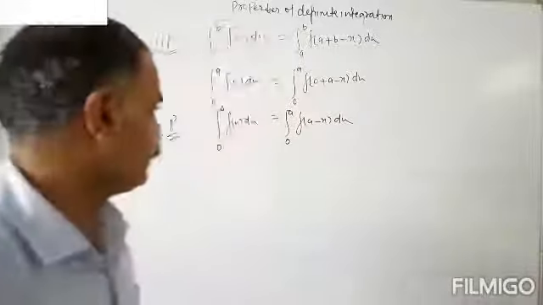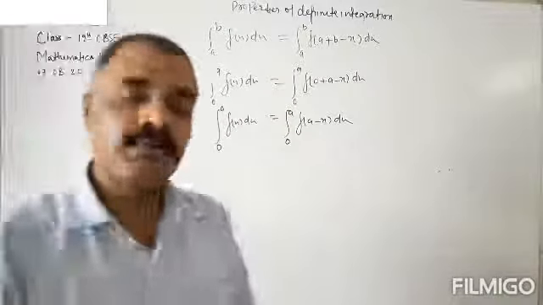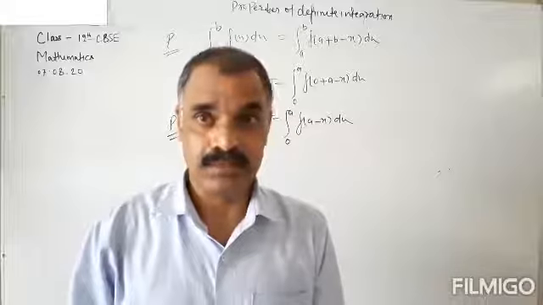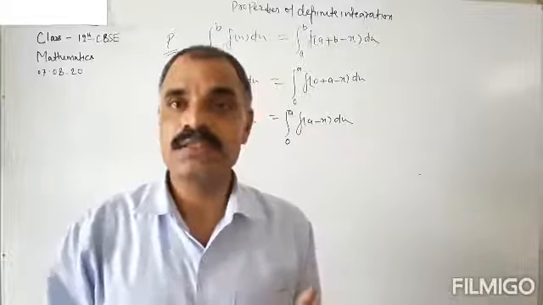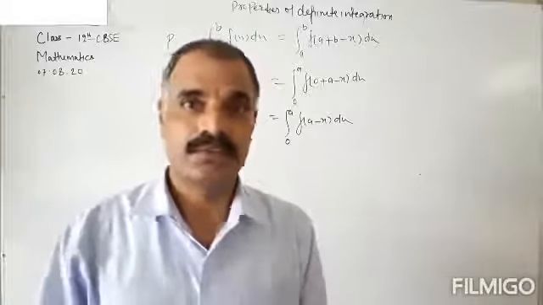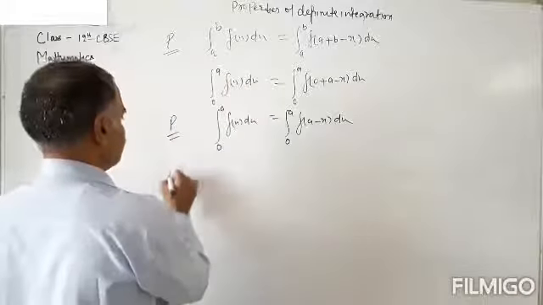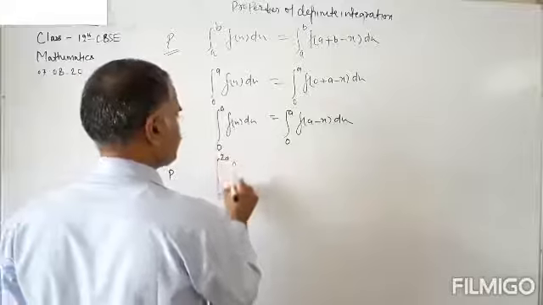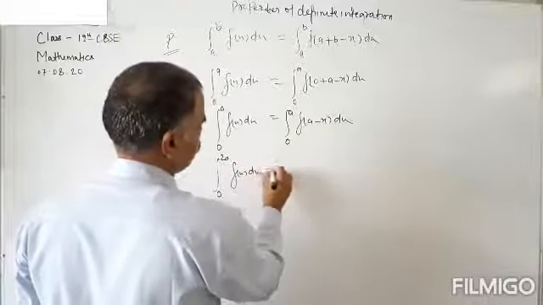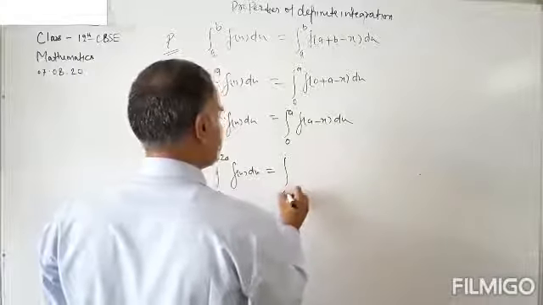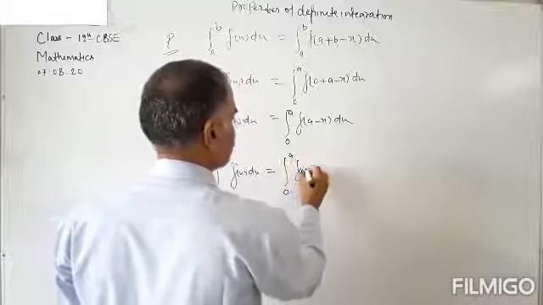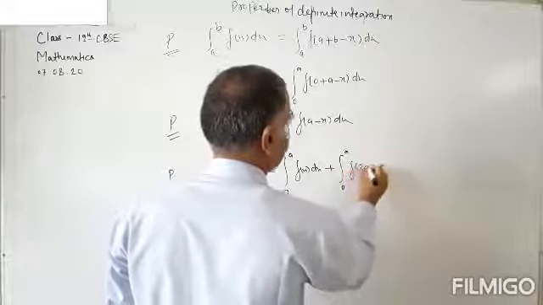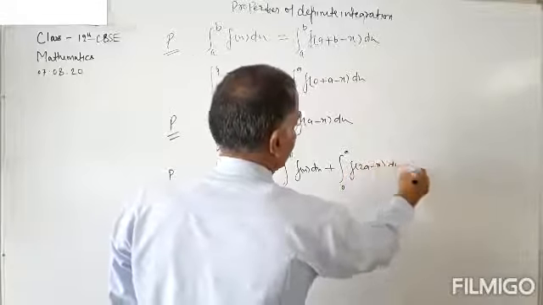Okay, and the next property. All these properties are useful to make the definite integration easier. By using these properties integration will become easy. So next property is integration 0 to 2a f(x) dx is equal to integration 0 to a f(x) dx plus 0 to a f(2a - x) dx.